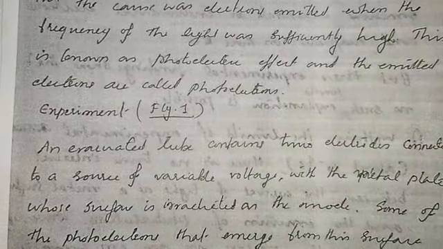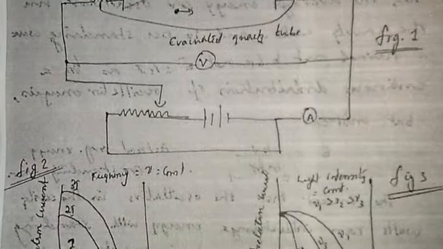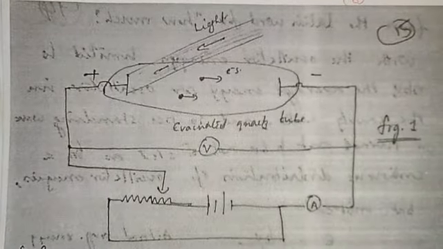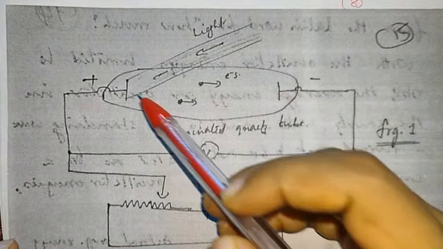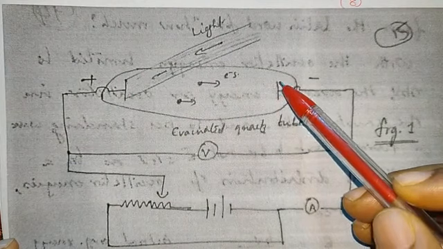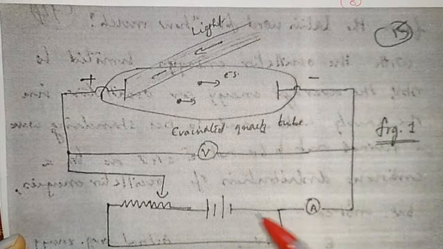So what is the experiment for this? It is shown in the figure here. This is the experimental setup: an evacuated tube with two metal plates connected to a variable potential.